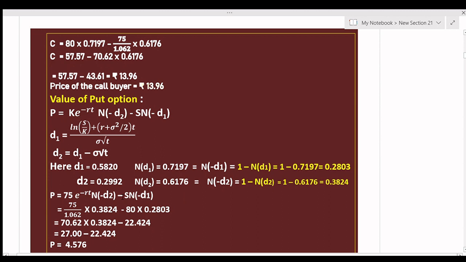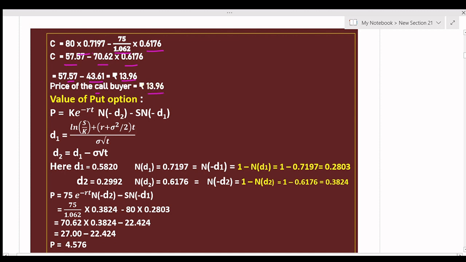Now C is equal to 80 into 0.7197 minus 75 by 1.062 into 0.6176, that is equal to 57.57 minus 70.62 into 0.6176, that is equal to 57.57 minus 43.61 is equal to 13.96. Price of the call option is equal to rupees 13.96.